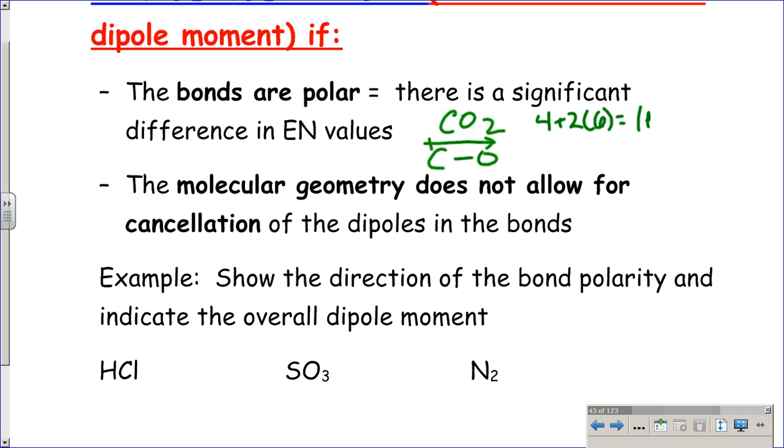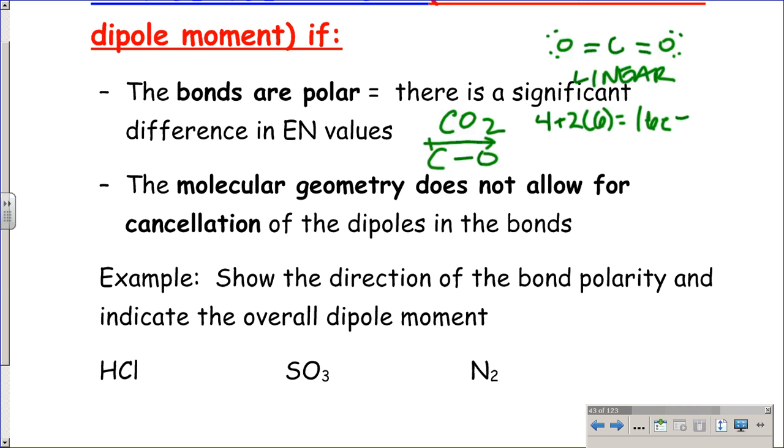We have 16 electrons here. Carbon is in the middle, oxygen is on either side, and then we have to accomplish 16 electrons. I already know, and you may as well, that this has 2 double bonds. 2, 4, 6, 8, 10, 12, 14, 16. Okay, this shape is linear.